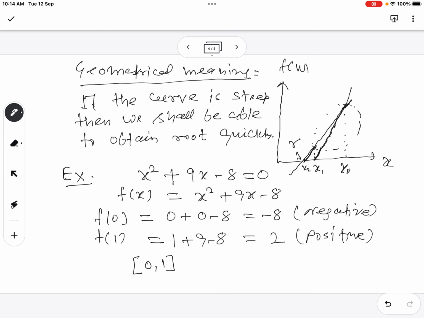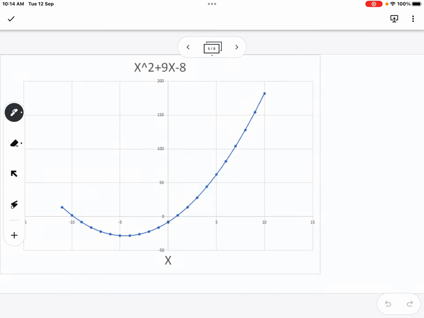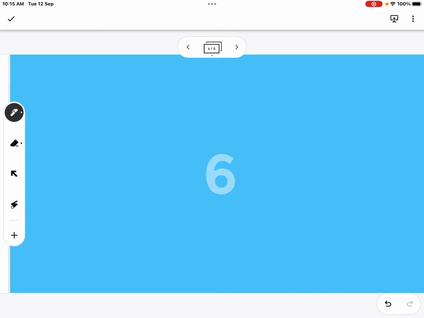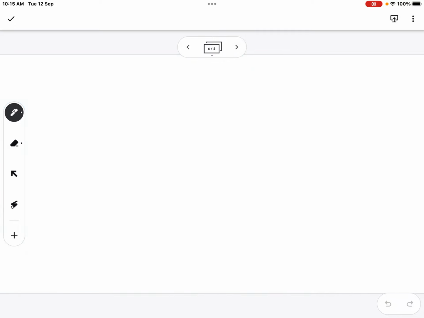Now I have plotted this function and we can see that it has two roots. One root is over here and another root is over here. Now how to find out the root using Newton-Raphson method?